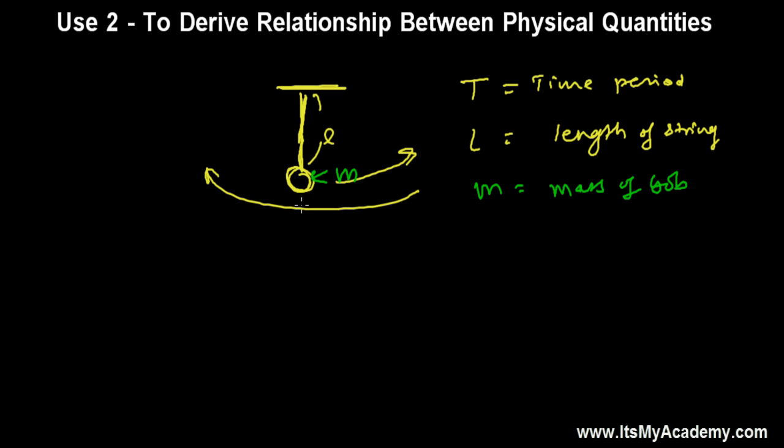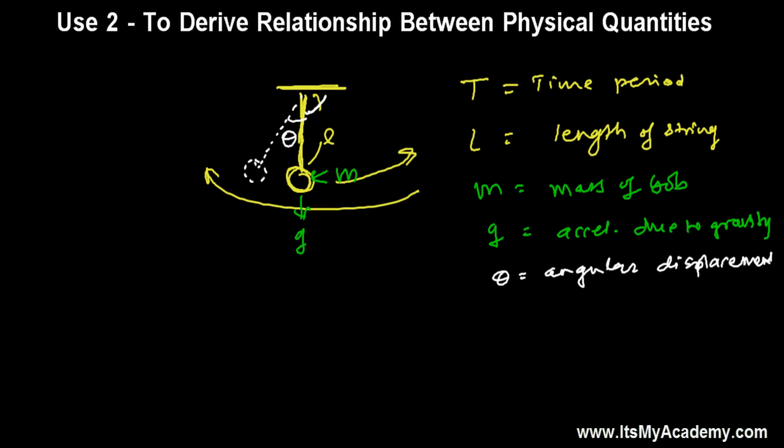And definitely, gravity is pulling it back, so it depends on g also, the acceleration due to gravity. And it may depend on the angular displacement, how much it is making. Sometimes it may be here, so what is the angular displacement? Theta is the angular displacement. So these are the 4 factors to which the time period is related.